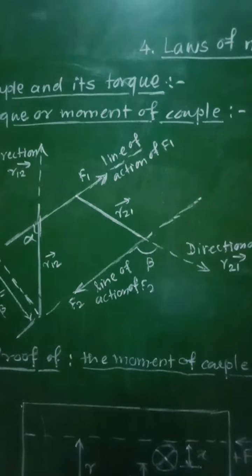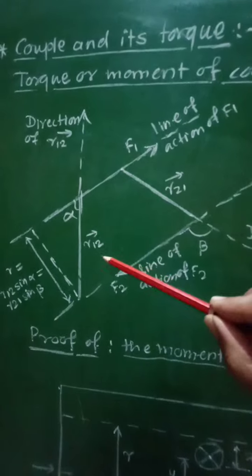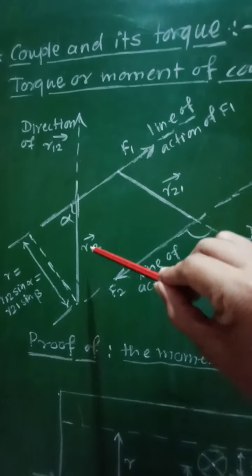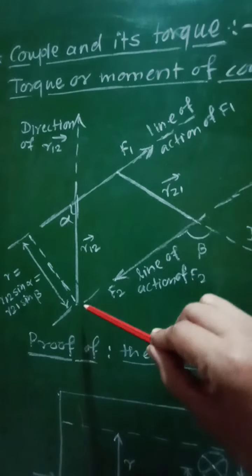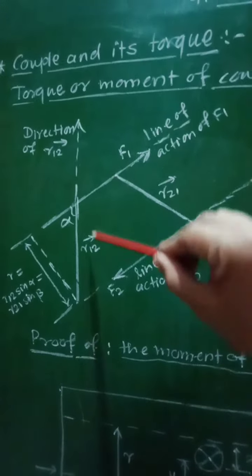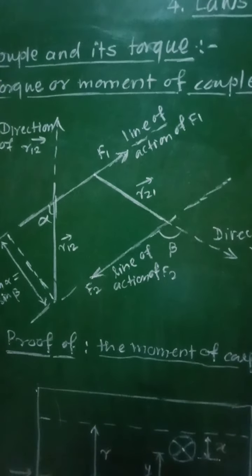Then the position vector of any point on the line of action of force F1 from the line of action of force F2 is r12. This distance is r12. It is not the perpendicular distance between the two forces, but it represents the position vector of any point on the line of action of F1 from the line of action of F2.